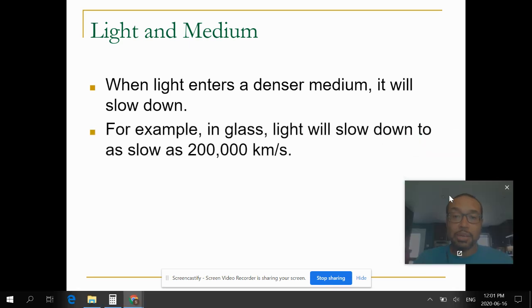So, for example, certain types of glass, rather than the 300,000 kilometers per second that light travels in the vacuum of space, it can slow down to 200,000 kilometers per second if it's going through thick glass. And these are actually properties that are used by opticians.